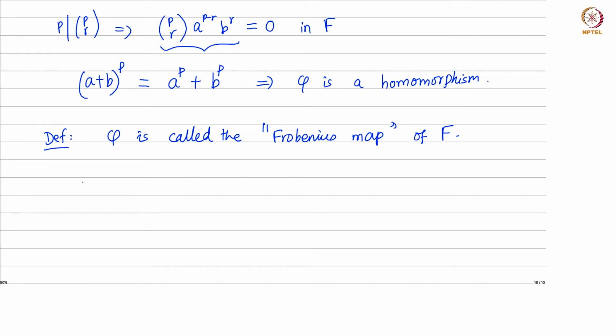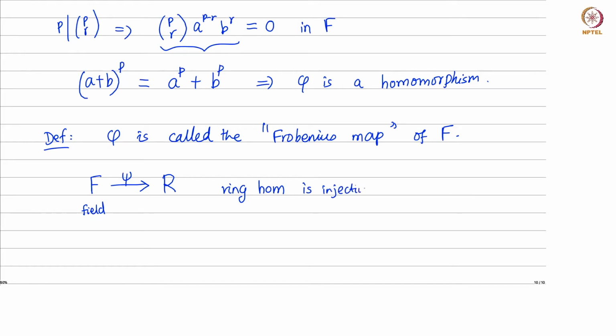In fact, more generally, recall, if I have a field F and I have a homomorphism from that field to any ring, if the domain is a field, then any ring homomorphism is necessarily injective. So a ring homomorphism from a field to a ring must be injective.